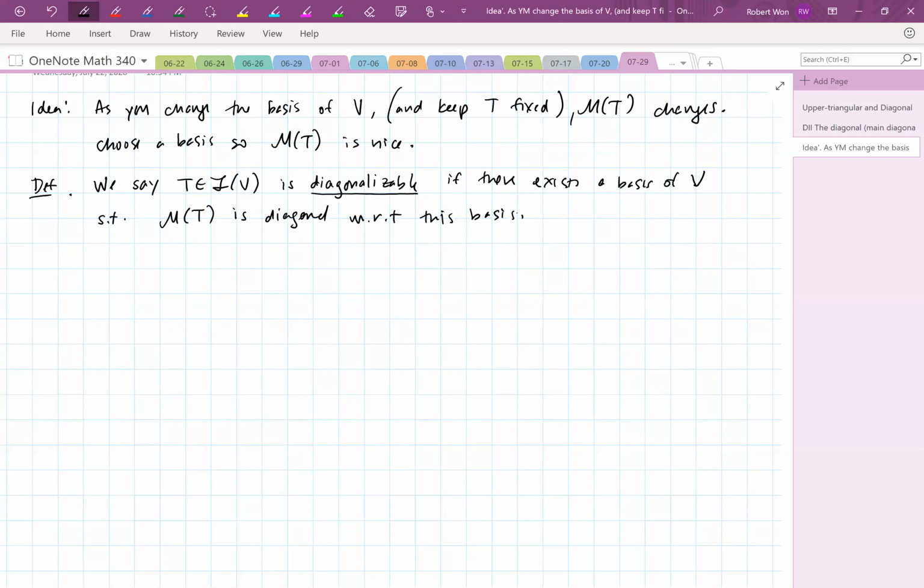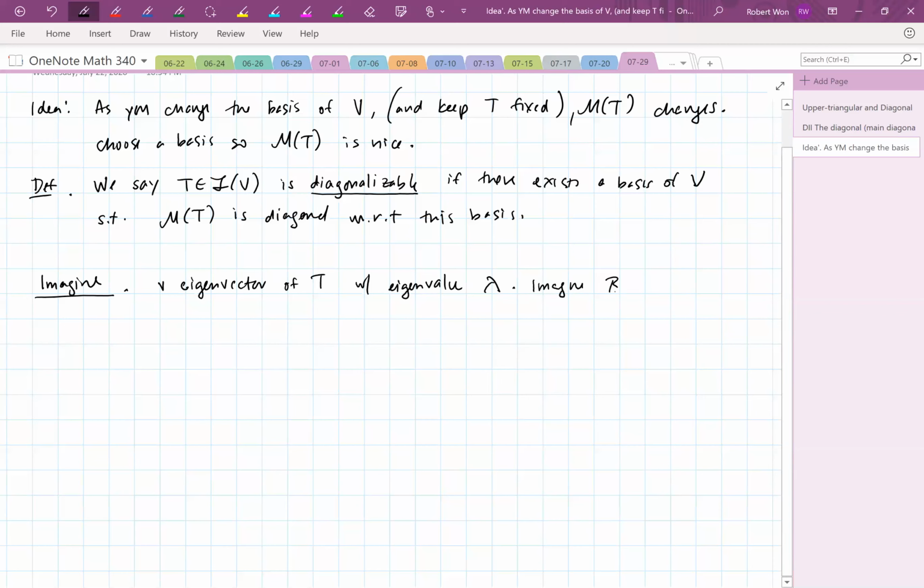Okay, so now let's motivate. So imagine that v is an eigenvector of T with eigenvalue lambda. And imagine that you choose a basis B of V that starts with this v, the eigenvector.